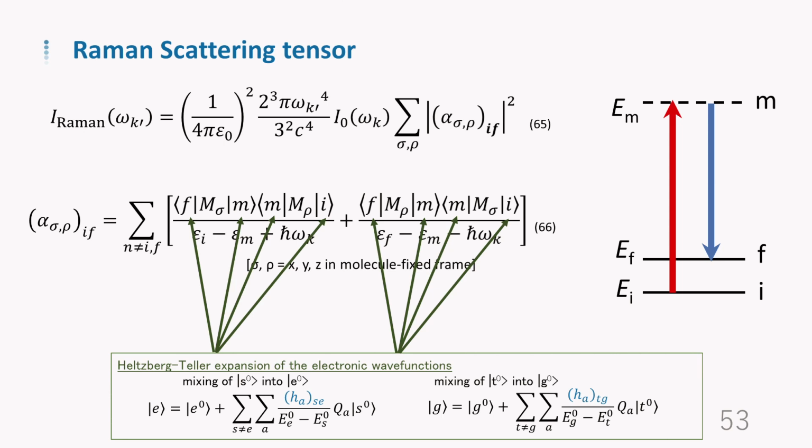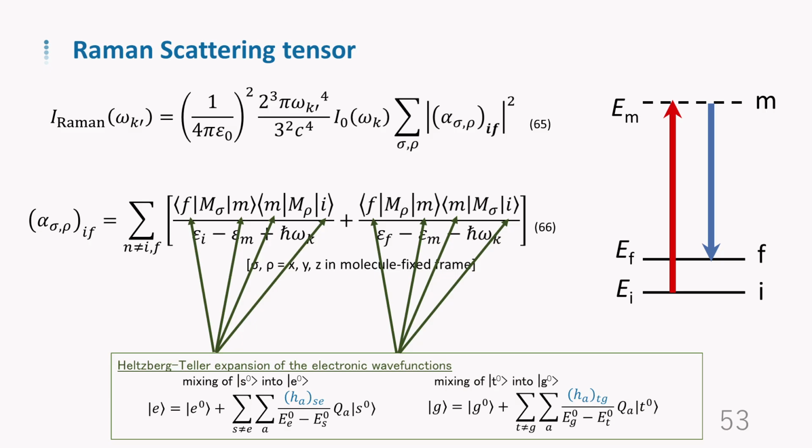Then here is the Raman tensor I explained previously. And the transition moment I n m in this case, intermediate m, previously it was n. I m m f, there are 2 steps, I m m f, okay?